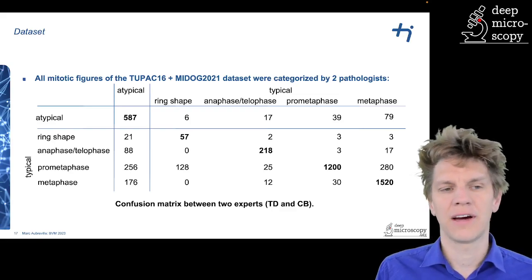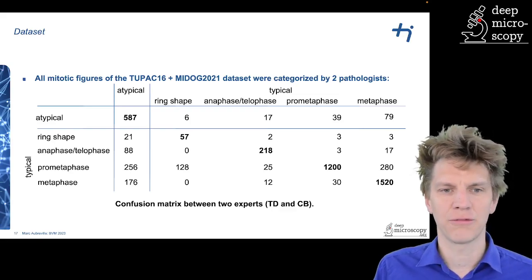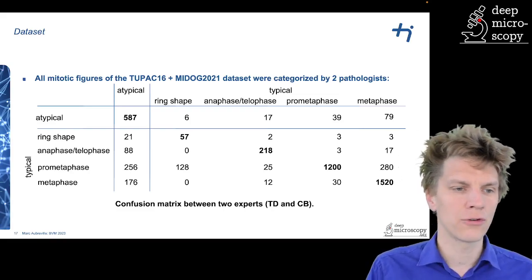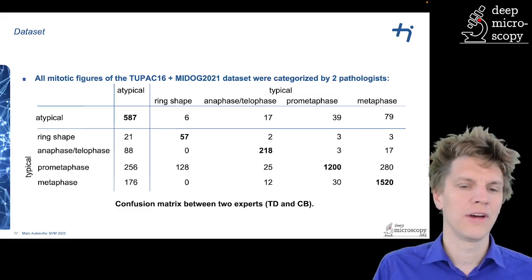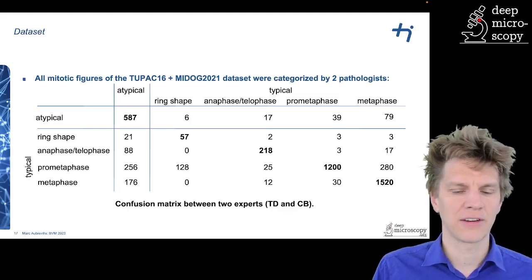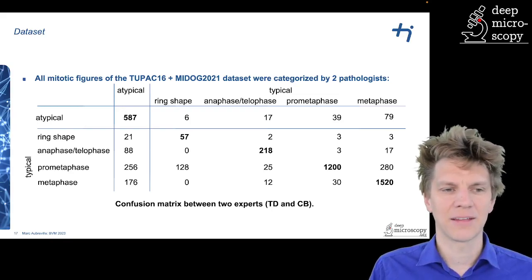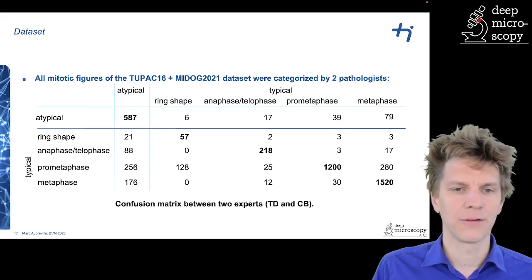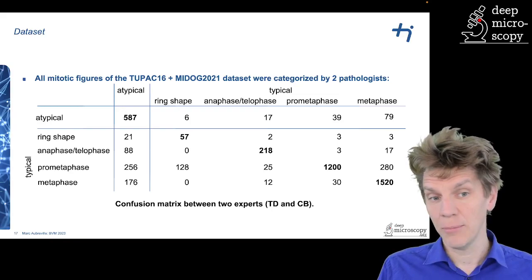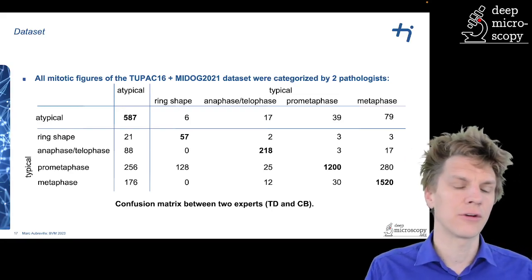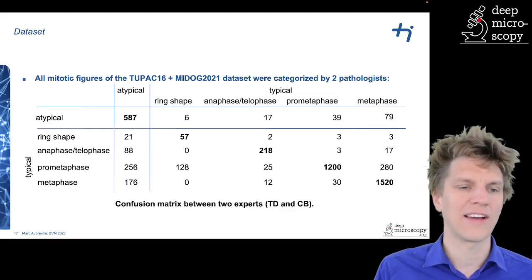Both are state-of-the-art mitotic figure data sets, which have been categorized by 3 pathologists at least, and we then took those and showed them to 2 pathologists, Taryn Donovan and Christoph Bertram, who participated in this research, and asked them to please assign the respective typical shape, or if they are atypical. And what we can see here now is a confusion matrix between those 2 experts.